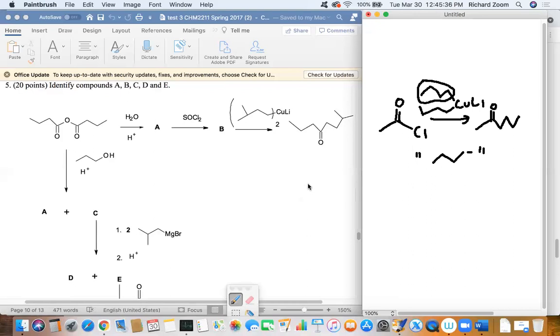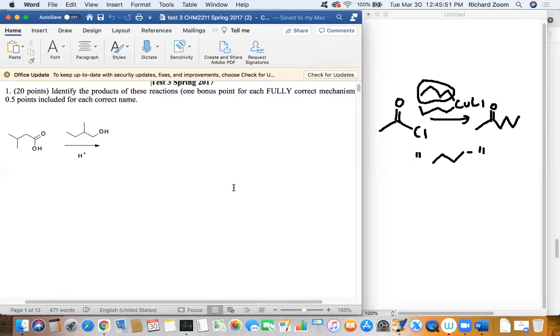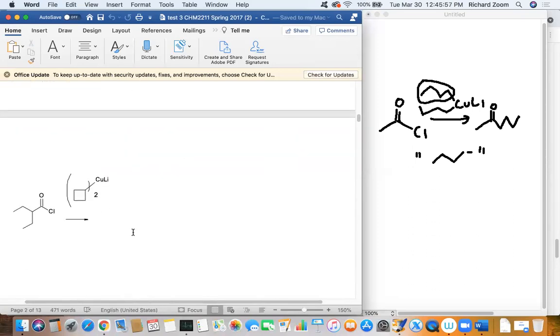Okay, so let me tell you how this is kind of helpful. If you've got this here, you've actually already got the product here. So that's kind of neat. And then in question 1, you'll notice that there's a copper lithium reaction in there. Where is it? This one.